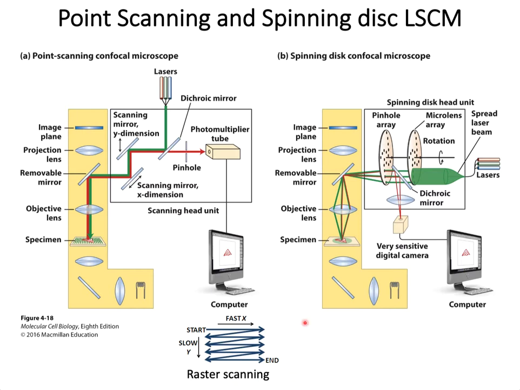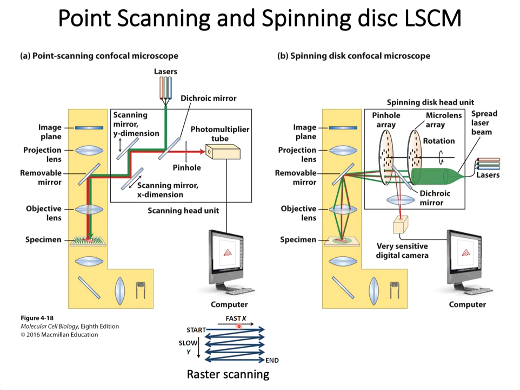Now, thousands of these optical fluorescence data from each and every point that the laser scans will be stored in the computer and merged all together to produce a crisp and sharp typical confocal image.